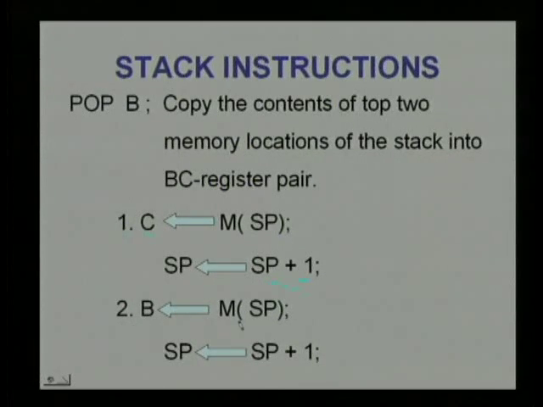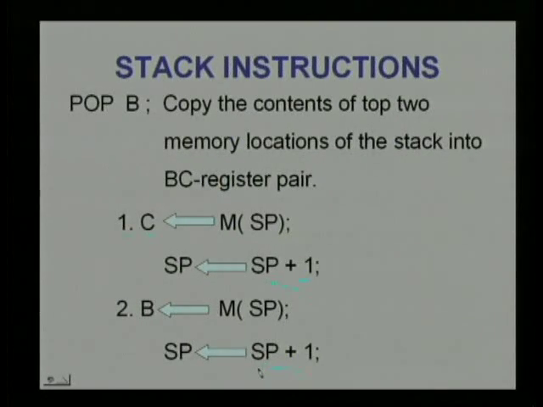In the second step, memory location addressed by latest contents of stack pointer will be copied into higher order register, that is register B. Then stack pointer contents are again incremented by 1. This completes execution of pop instruction.